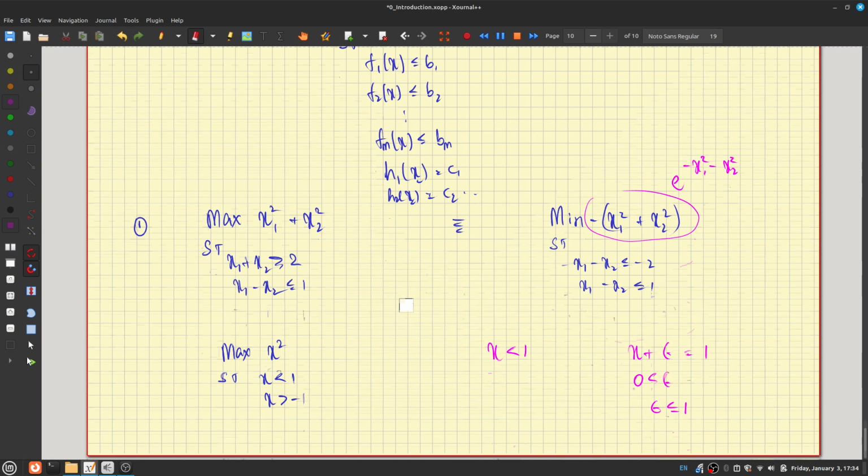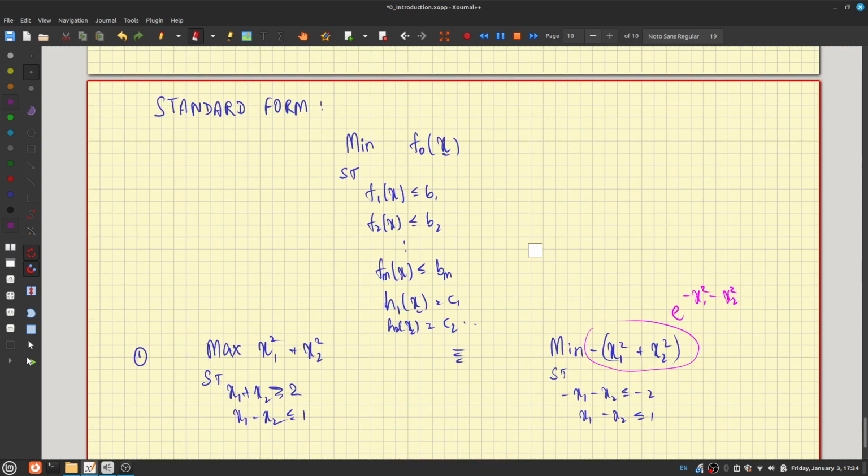So this class of problems that we look at is in some sense restrictive. You can't pose any arbitrary optimization problem in this particular form. Firstly, there's only one objective function. That's something to keep in mind.